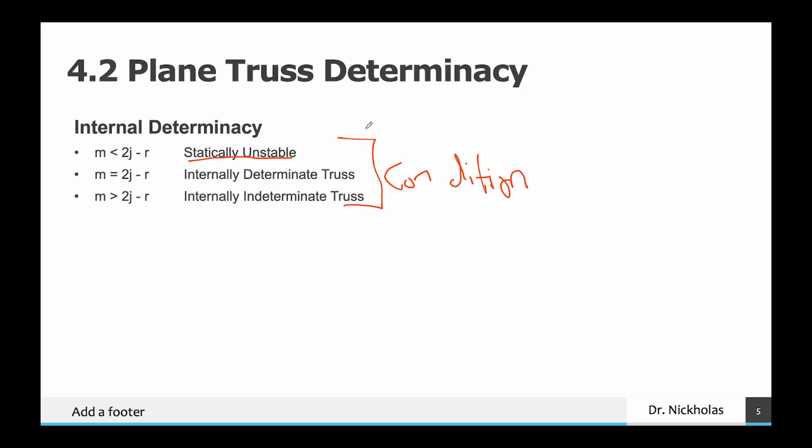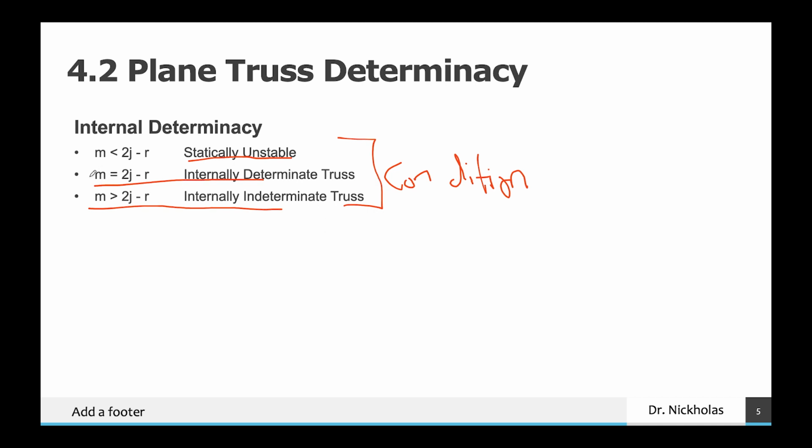We need to make sure the structure is stable before proceeding further with the analysis. Another condition is these two. These two conditions must be satisfied for the truss to be a stable structure.